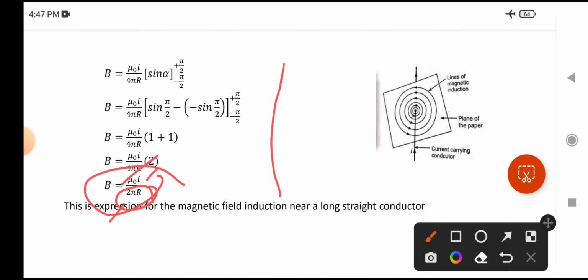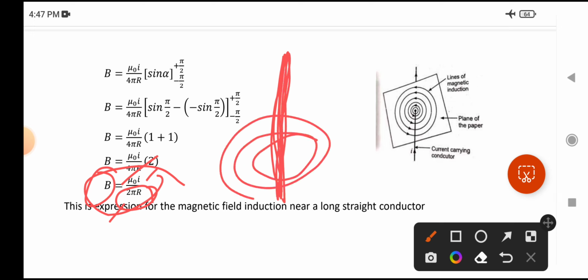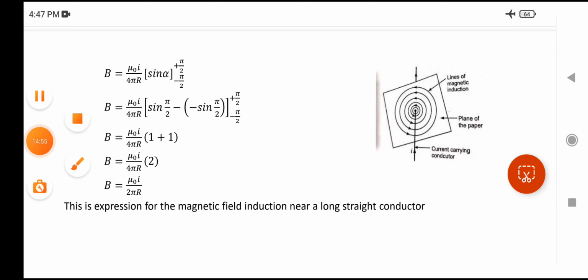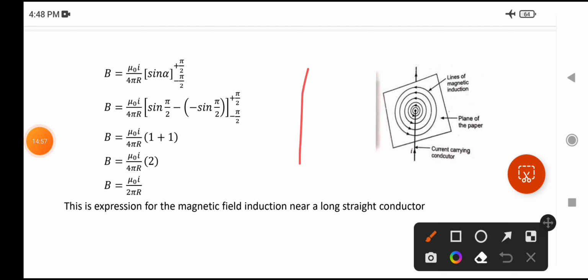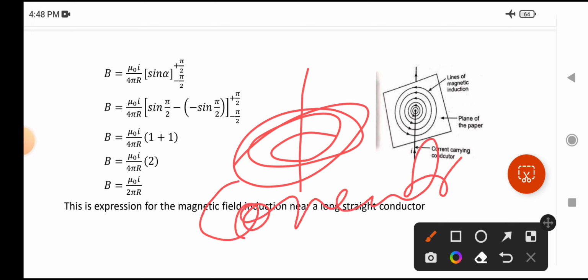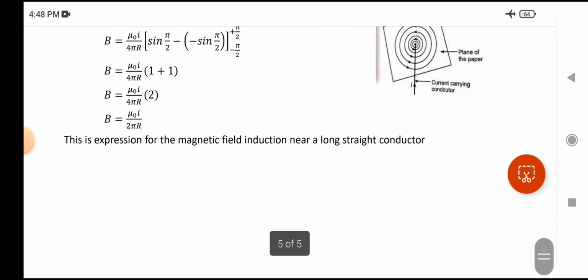So that means the magnetic field forms around this infinitely long wire in the form of circles only, like this. The diagram is also given here. So how can we understand the circle? By the 2 pi r formula we can understand that circles will form around a current carrying conductor. Concentric circles only. Concentric means circles whose center is the same, and that is called a concentric circle.